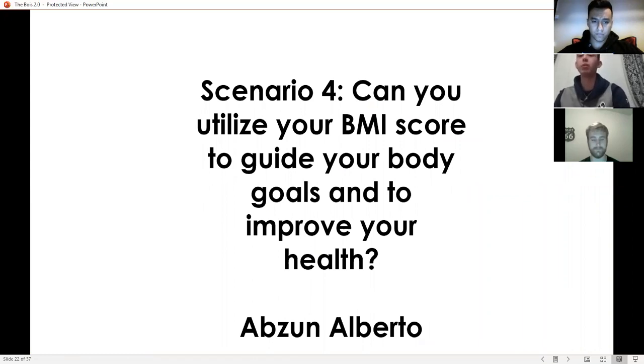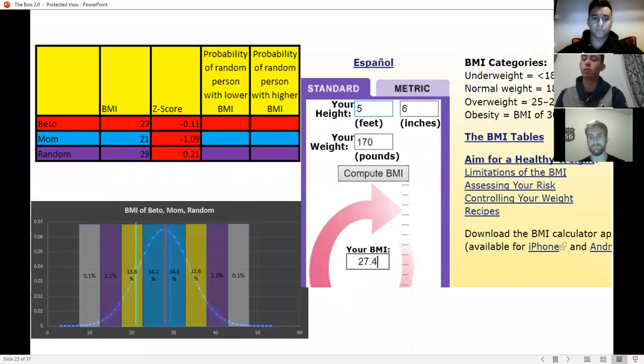Alberto, can you utilize your BMI score to guide your body goals and to improve your health? So BMI stands for body mass index, and what that is is that it helps you calculate whether your body weight is good or bad. So here, you can see that I made a graph of my BMI score, my mom's BMI score, which is equal to 27.